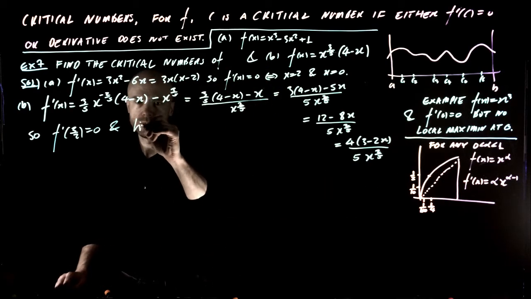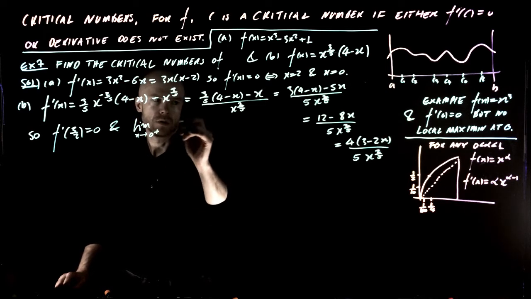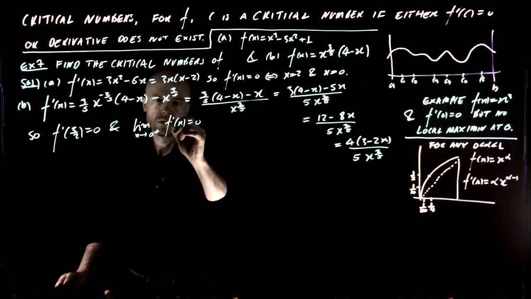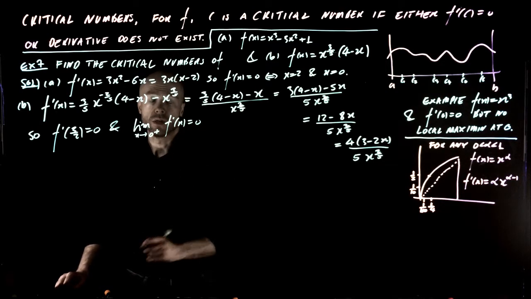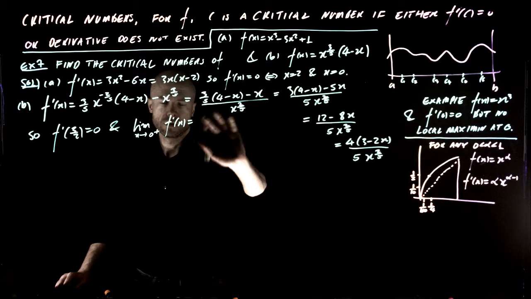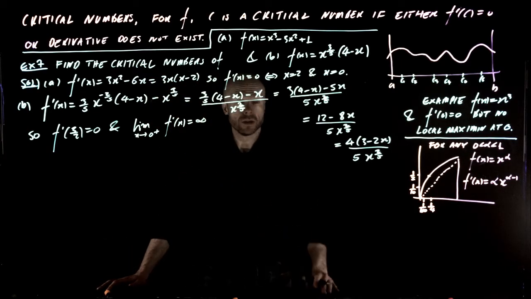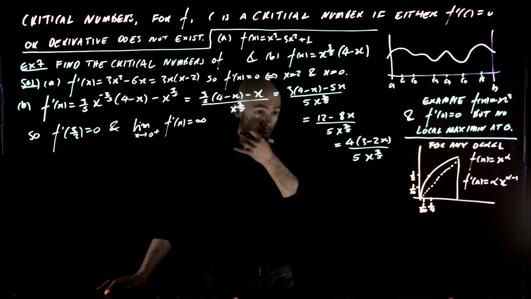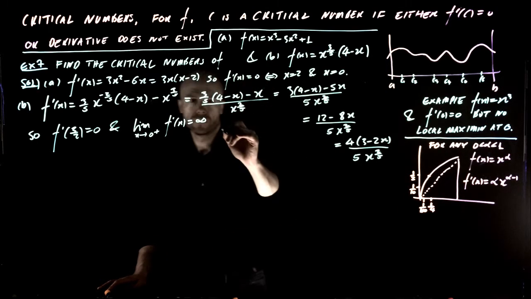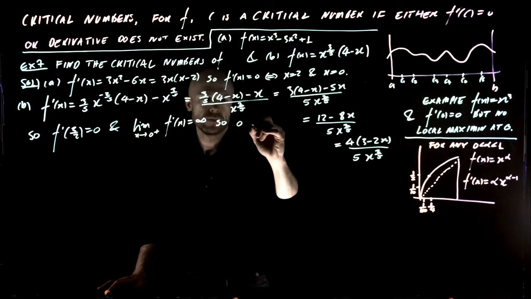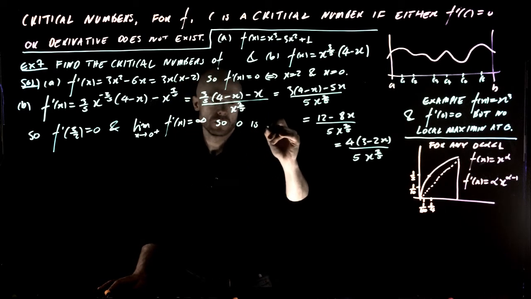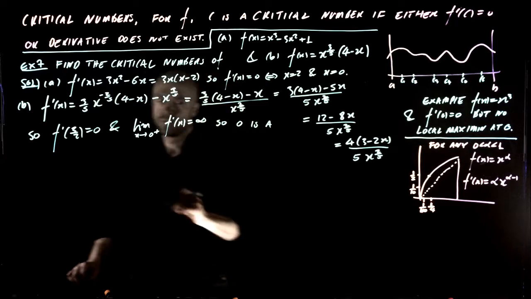So the limit as x goes to 0 of f prime of x is equal to infinity. And in particular, the derivative at 0 does not exist. Yeah? So 0 is a critical number.